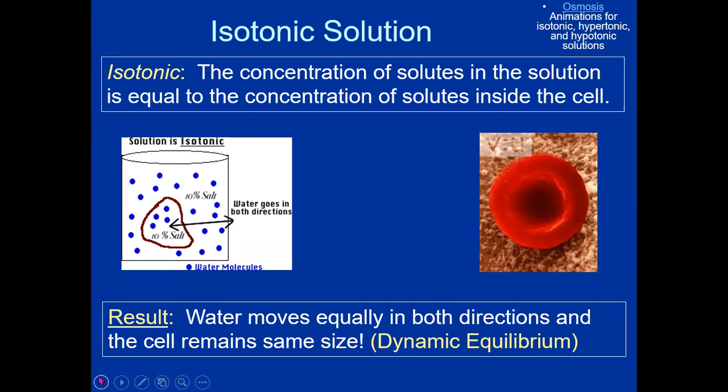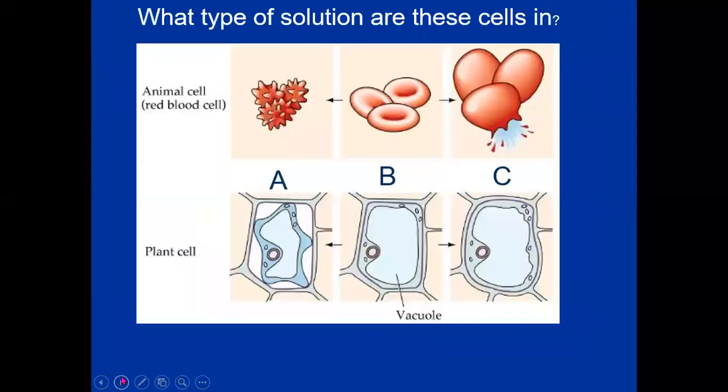So this will have no impact on both the plant as well as the animal cell. So this is basically what happens when these cells are placed in different solutions.